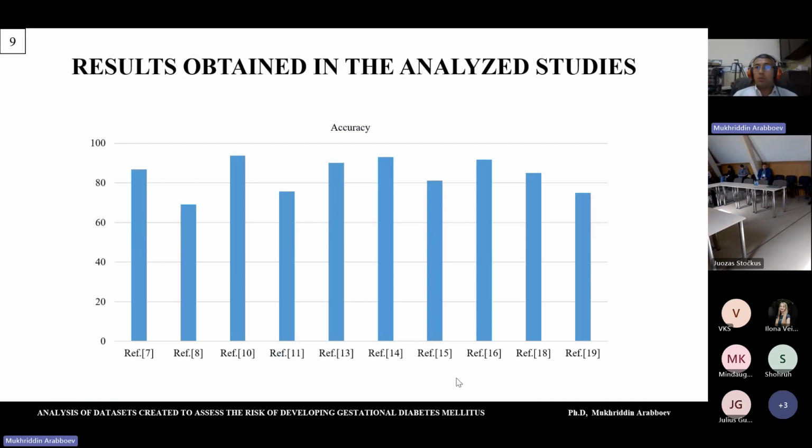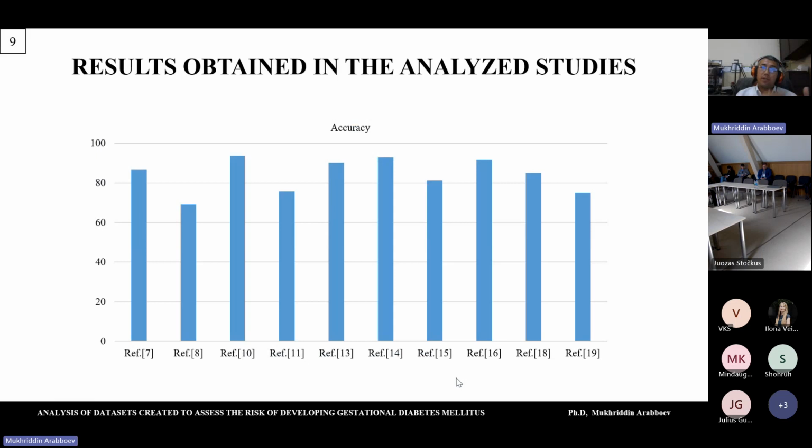In this slide, you can see a comparison of analyzed studies based on accuracy evaluation metrics. It can be seen from figure 4 that in almost all of the analyzed articles, results were obtained based on an accuracy evaluation metric.